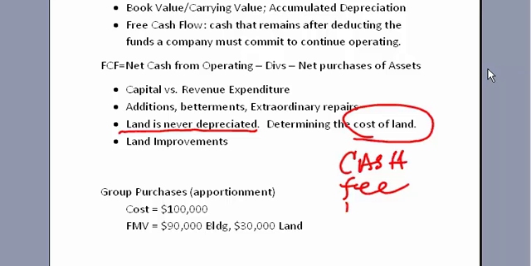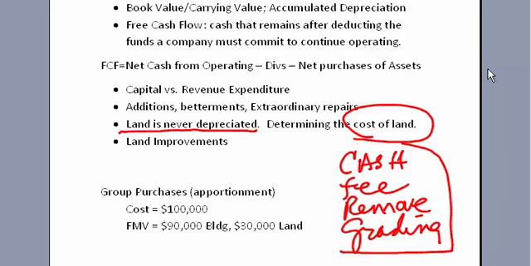If we have to remove any existing small buildings, etc., to clear the land off to get it in usable shape, if we have to do any grading, bringing heavy machinery in there and changing the contour of it, or if we have to put any sewage in or whatever it takes to get the land in usable condition, then collectively all of these costs are debited to the land account, and that becomes the new value of the land.